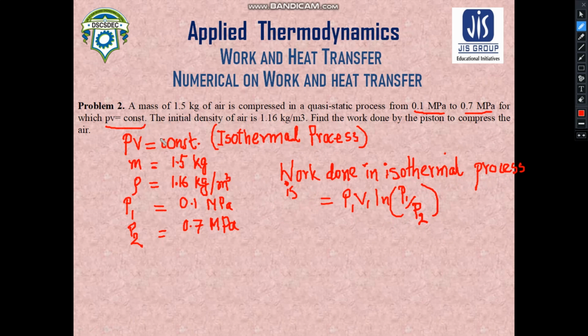compressed air. So air is our system here. Okay, so we are calculating the work done for air.